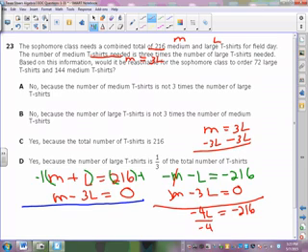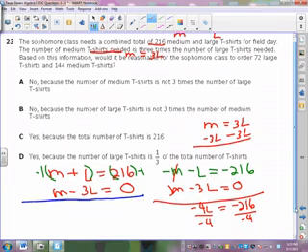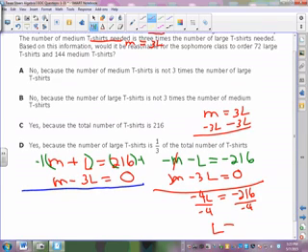Divide by -4. L equals, and if you do 4 into 216, I think this will probably be a non-calculator question, 54. They need to order 54 large t-shirts.